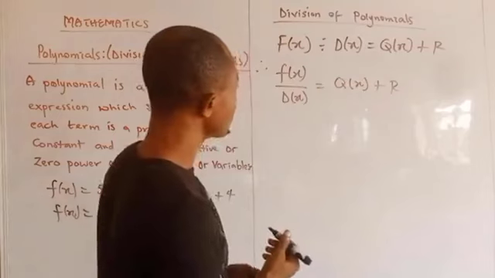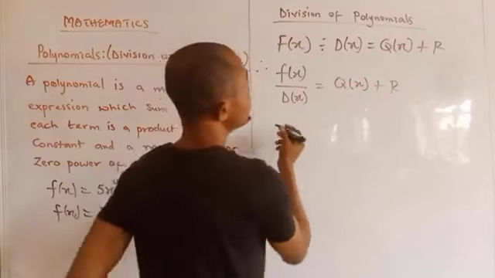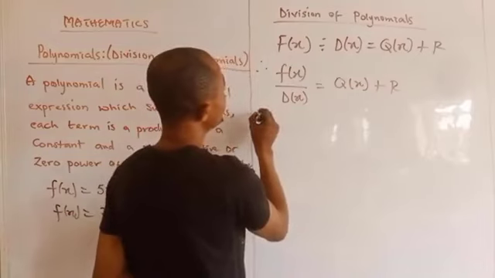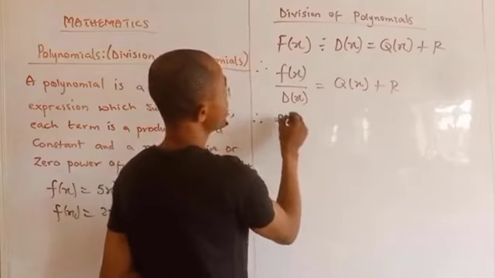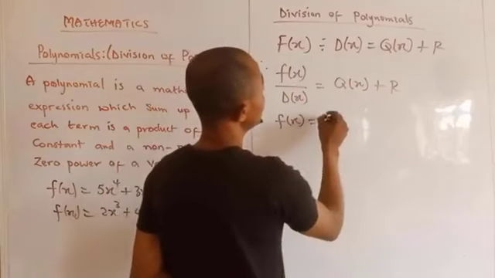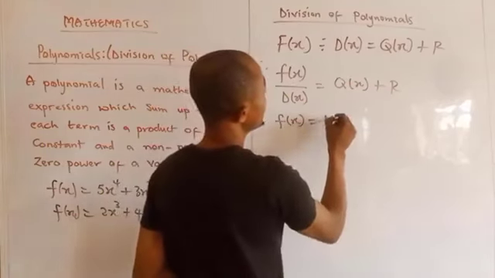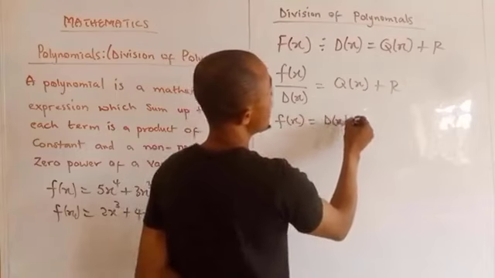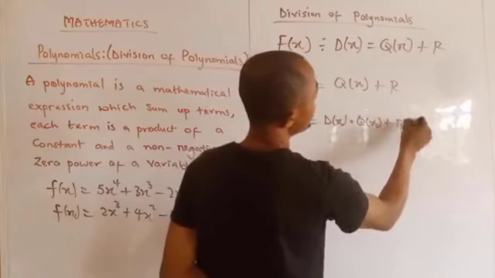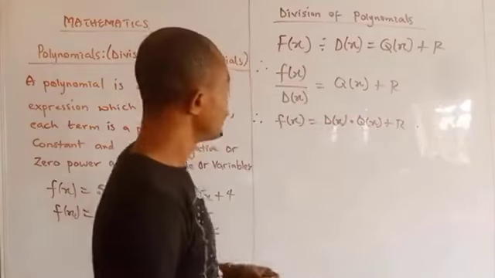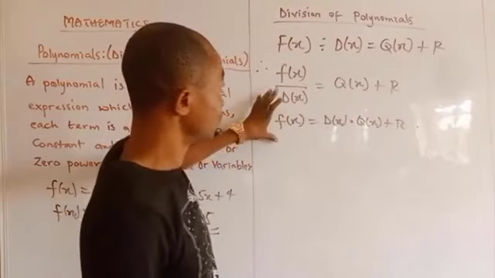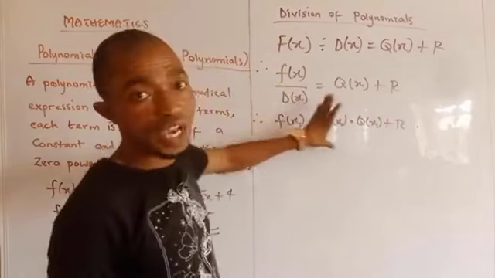Which means that I can have f of x is the same thing as d of x times q of x, then plus r. So this is the simple way of dividing a polynomial.